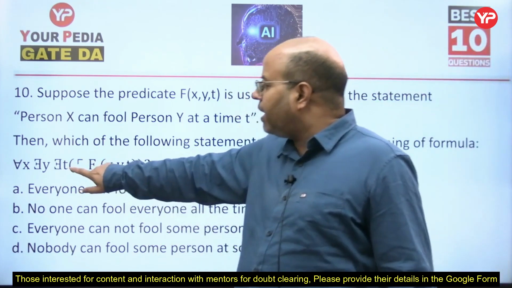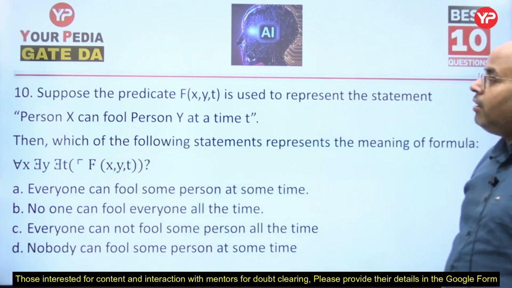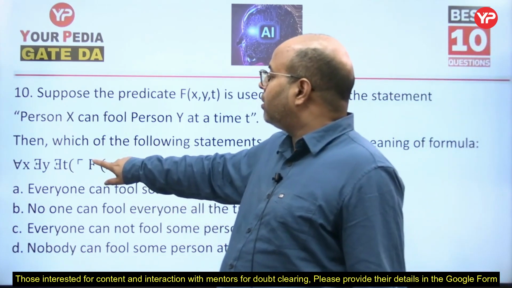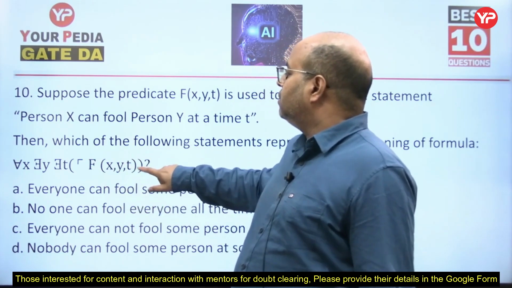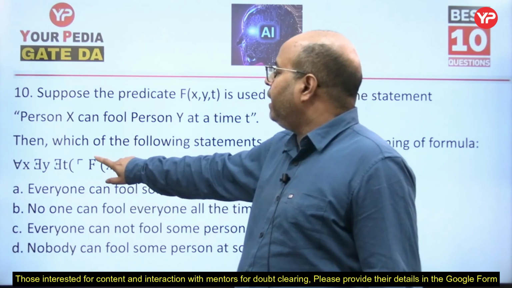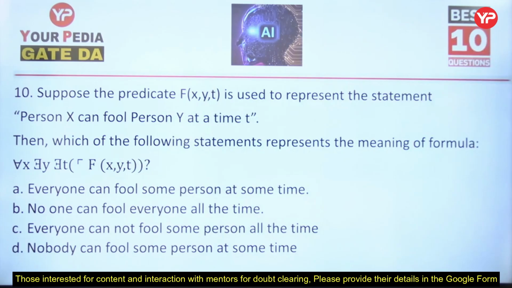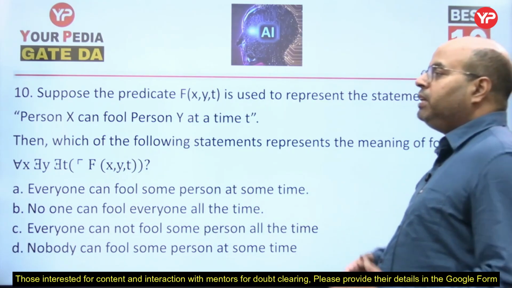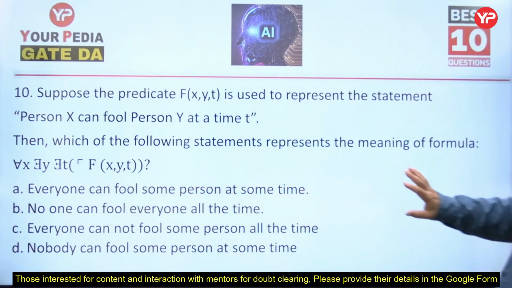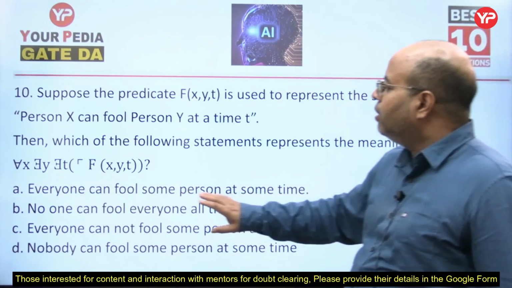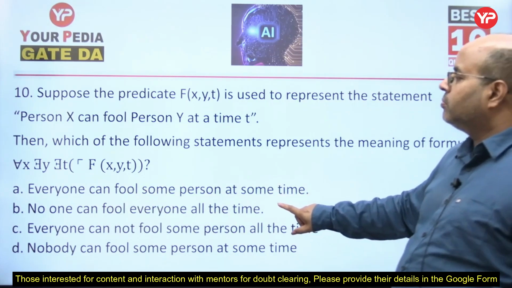There exists a time when x cannot fool y, this is the opposite of fool, x cannot fool y at a time t. Okay. Means everyone can fool some person at some time. No, that's not the meaning. No one can fool everyone all the time.